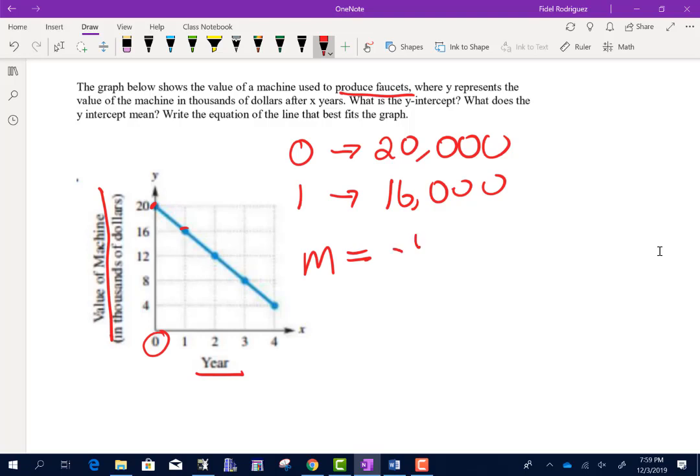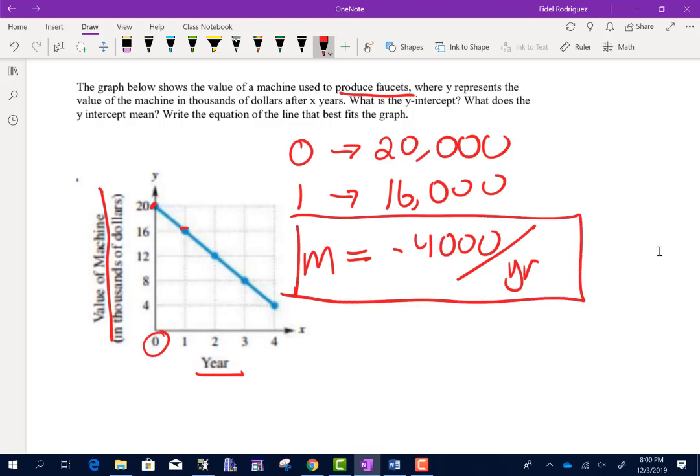Negative 4,000 over how many years? How many years have passed here? 1 year, right? So isn't it losing value at a rate of negative $4,000 a year? It's going down in value, right? Okay. So that's the first thing I'm finding. I know it didn't necessarily ask me to write that just yet, but that's something that I wanted to find.